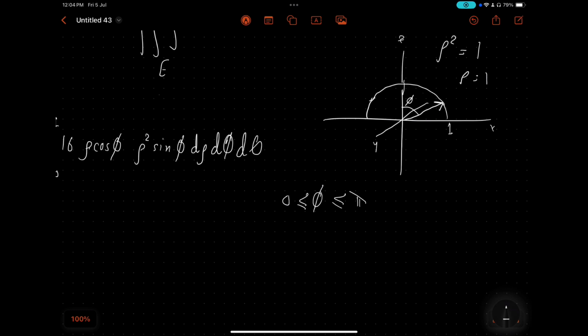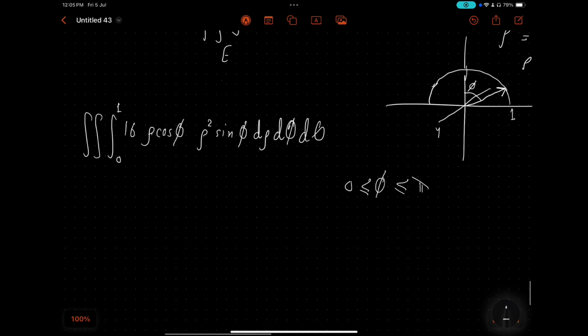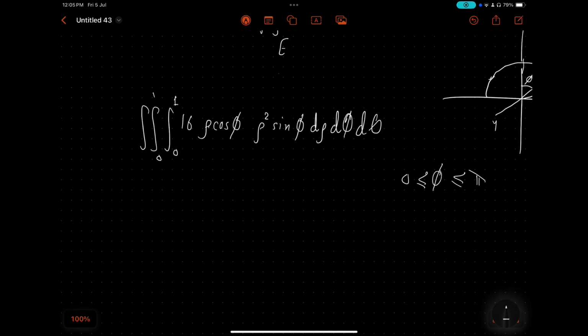Phi can go from 0 to pi, but then we won't have half a sphere, so we're gonna go from 0 to pi over 2. So we get half a sphere.